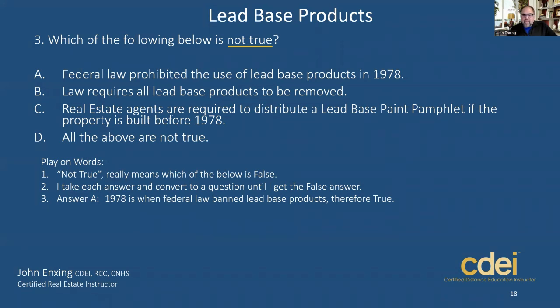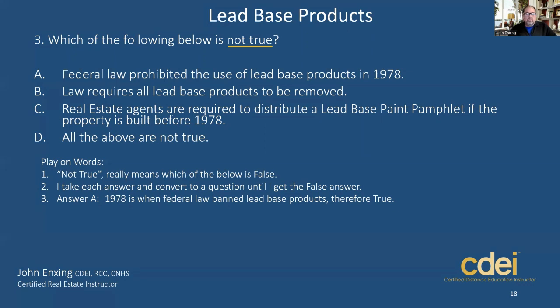So 78 and above, you can't use lead-based products. So answer A, if I read it, federal law prohibited the use of lead-based paint in 1978, and the answer is true. Next, the law requires all lead-based products to be removed.